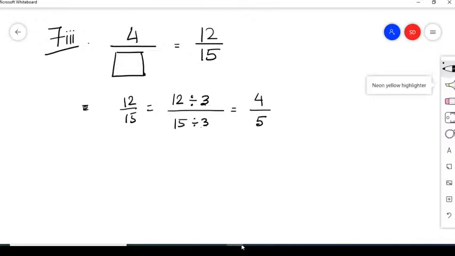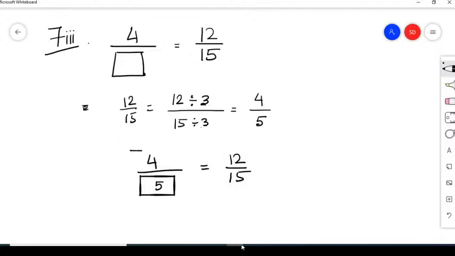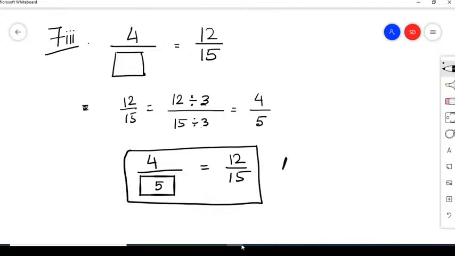Okay, so the answer is 4 by 5 is equal to 12 by 15, which is the answer.